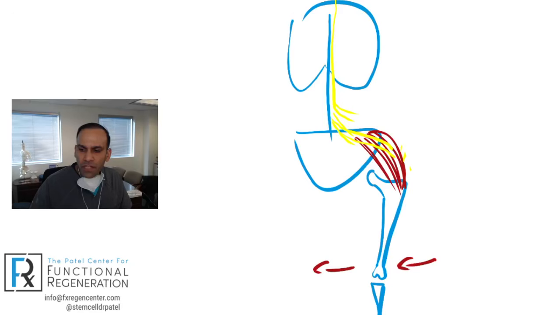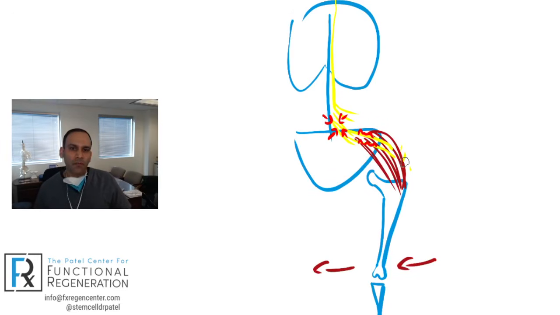So if there's an irritation to the nerves L5 and S1 in the low back region here, from a bulging disc or a disc tear or arthritis or anything along those lines, that can cause these nerves to not fire properly, which would in turn cause that buttock muscle to be weak.